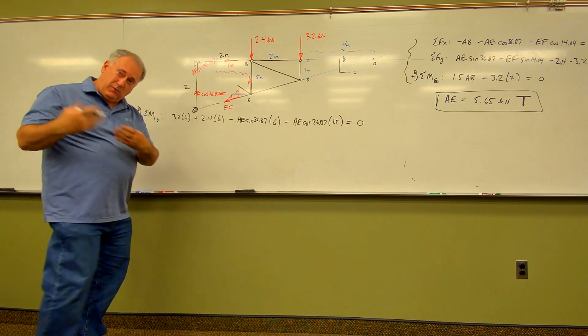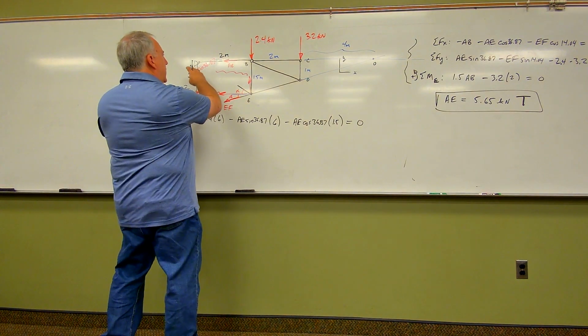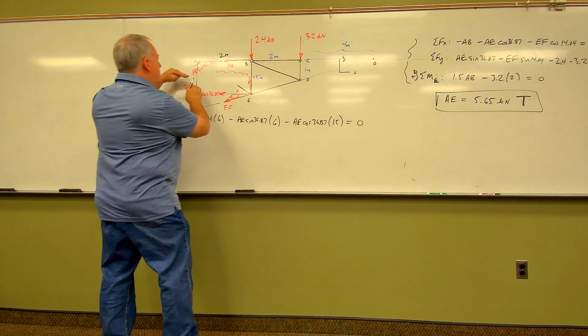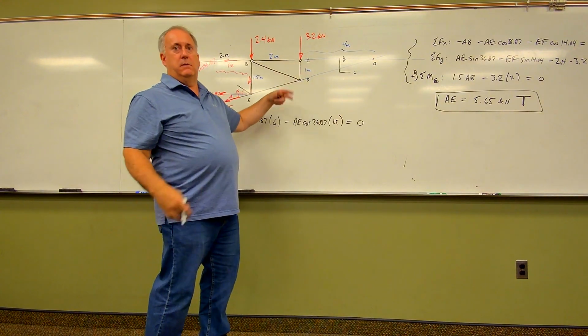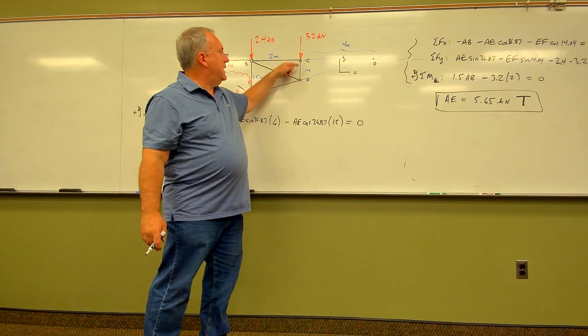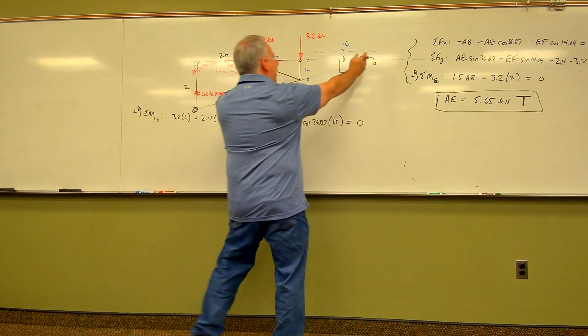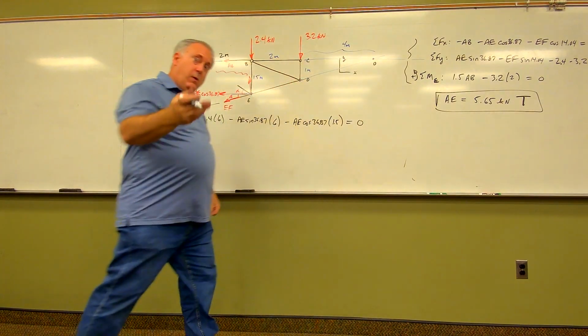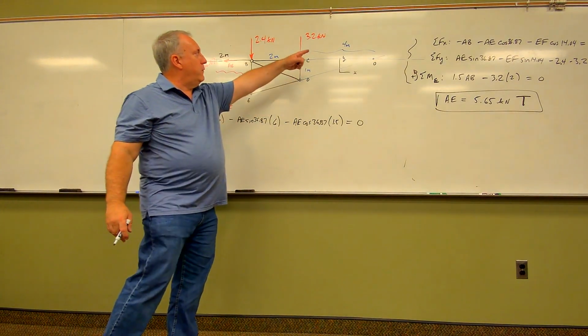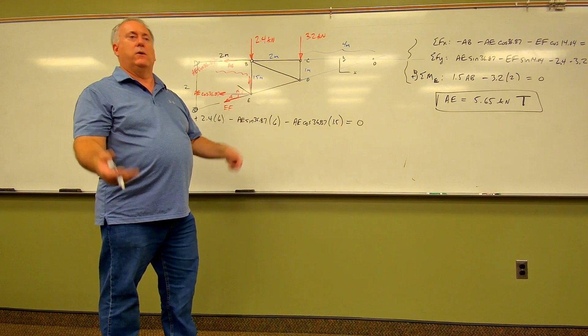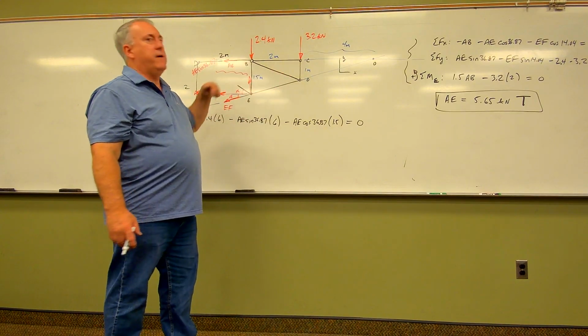So if you think of similar triangles, right? It took us 4 meters to cut the 2 in half, and now I need to take away that 1 meter. So if it took me 4 meters to go from 2 to 1, it's going to take me 4 more meters to go from 1 to 0. And that's where that 4 came in, and then I'm using similar triangles again. So 1 here, 1.5, and so on like that.